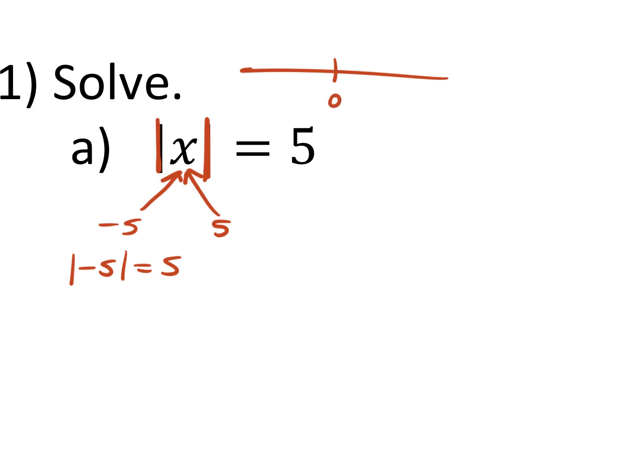The absolute value of x equaling 5 means I could go 5 units, 1, 2, 3, 4, 5 to the right, or I could go 1, 2, 3, 4, 5 to the left. Right? So 5 or negative 5 is 5 units away from 0. So whenever they say absolute value, they're saying this is the distance from 0. 5 units to the left or 5 units to the right.